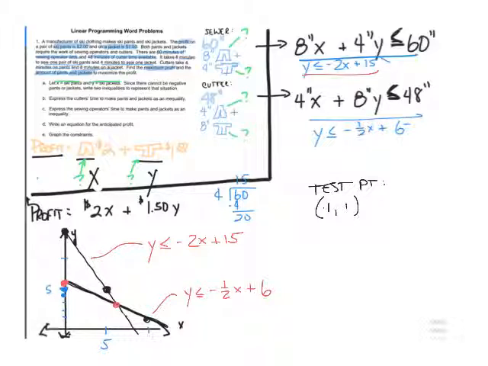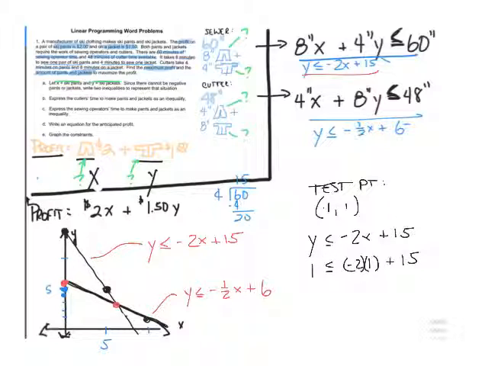So I'm going to look at this very first equation. y is less than or equal to negative 2x plus 15. Let's put in 1 for y and 1 for x and see if this equation still works.